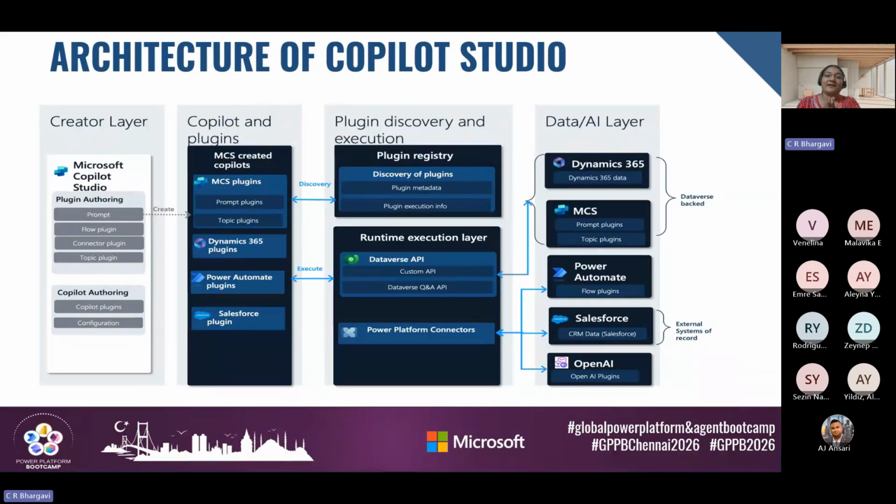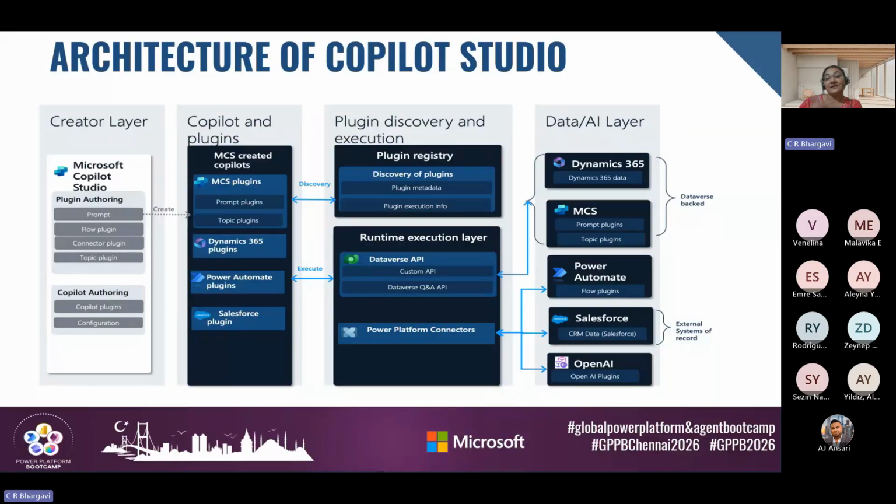With that plugin, you have the Copilot being created, and with that Copilot, you have some registry that needs to be done. From that registry, you have the Dataverse API, where a custom API is generated for you. That allows you to act whenever you want to use an MCP or something similar.